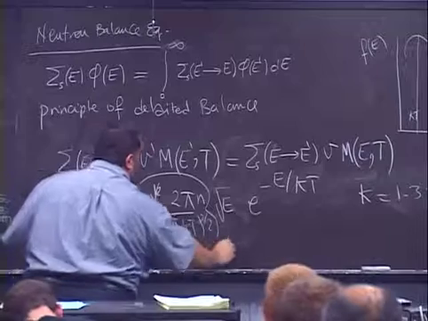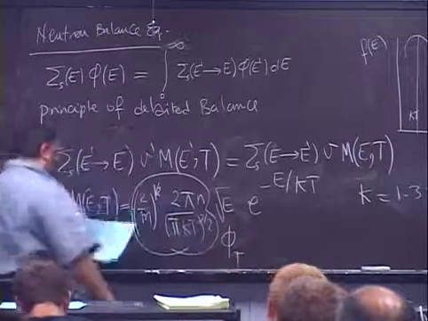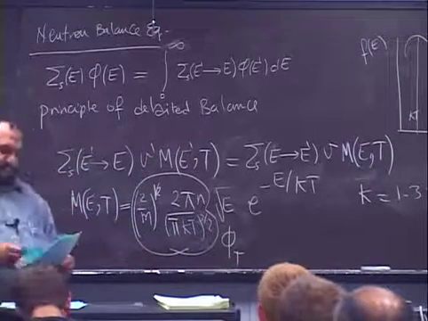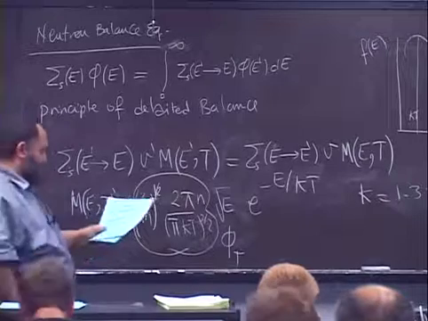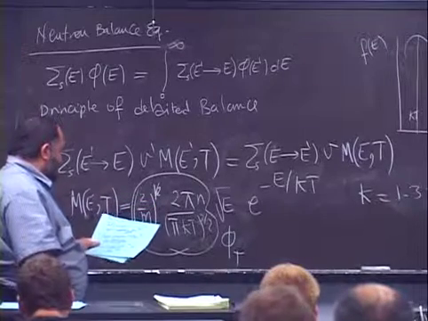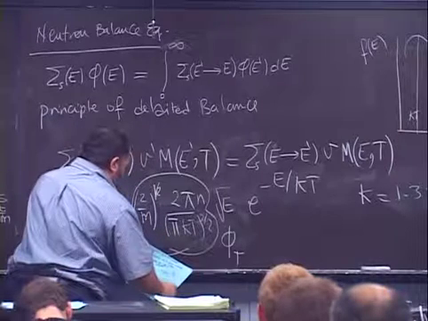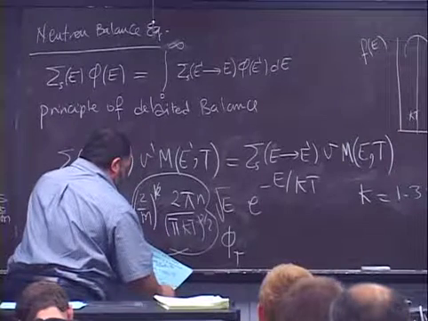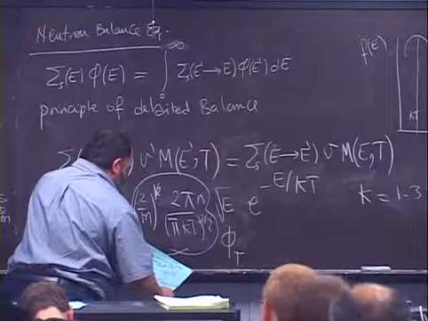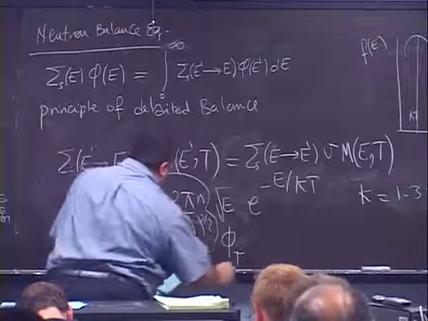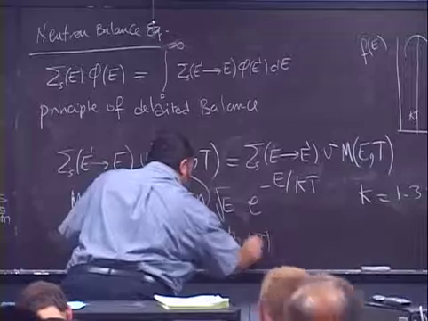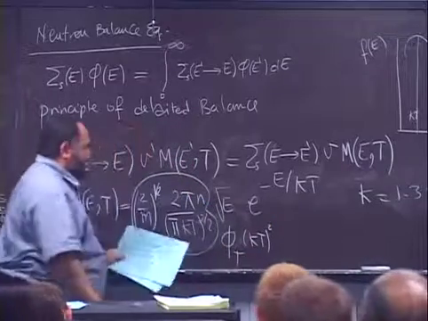Sometimes they write it as phi thermal. Phi thermal multiplied by kT to the power of square.